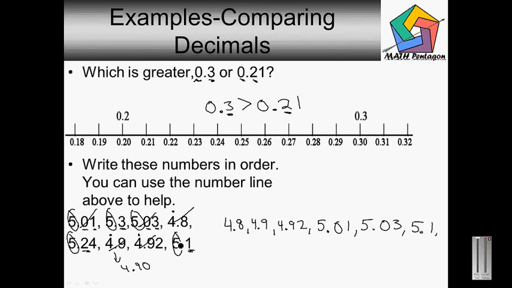Okay, let's cross that out. What's next? The 2 is less than the 3, so it would be 5.24. And then our last, the largest number out of all these numbers would be 5.3. And this would be our final answer.